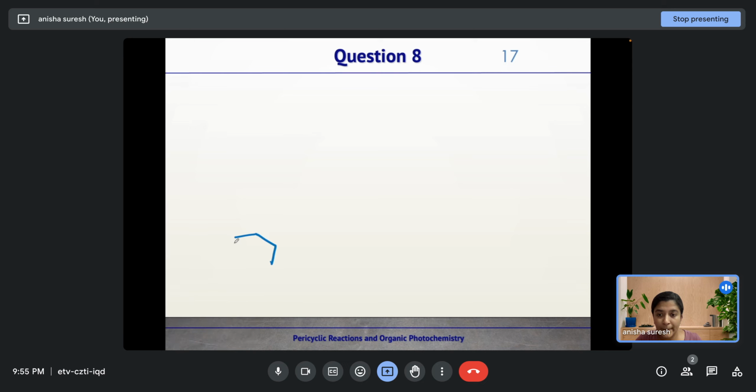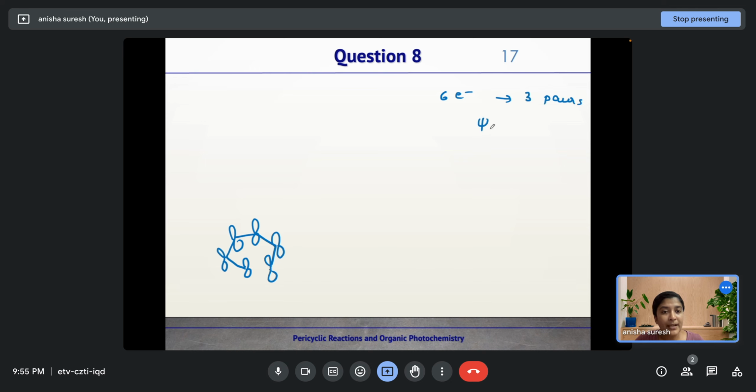1, 2, 3, 4, 5, 6. So there will be hexatriene means 6 electrons. So it will be coming in 3 pairs.